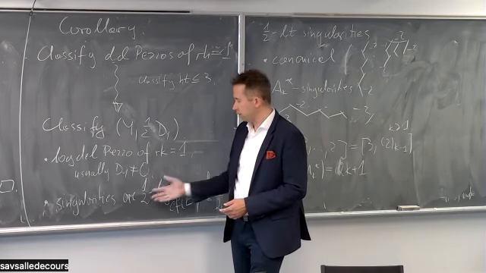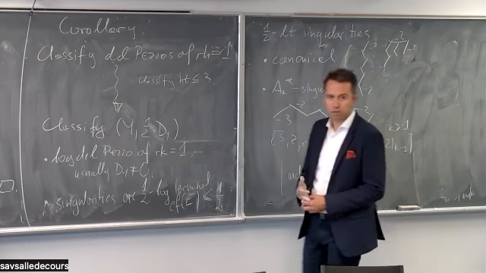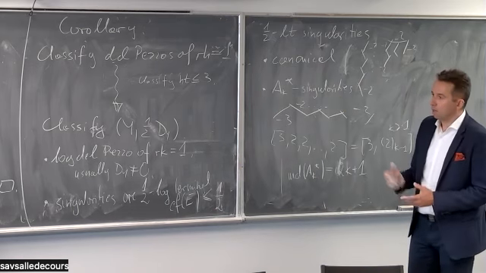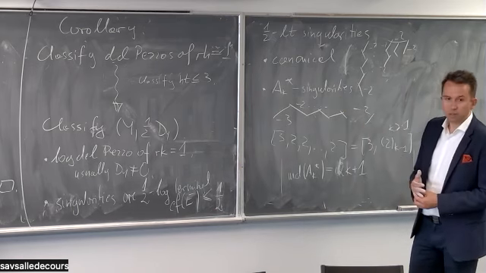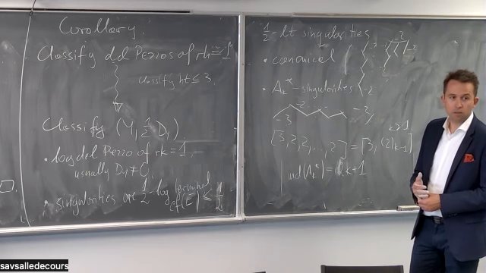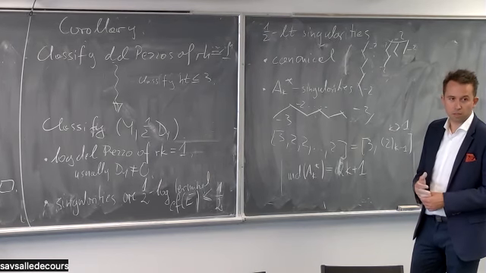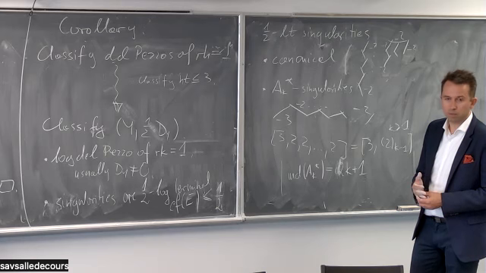We need to classify the del Pezzos of this type. I want to say that you cannot improve this inequality because there do exist canonical del Pezzos which have height 4. So it's an optimal bound. That's it. Thank you very much.